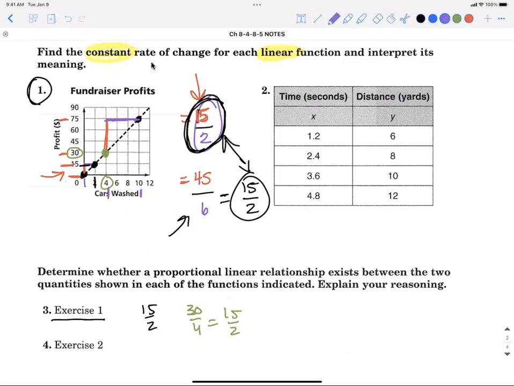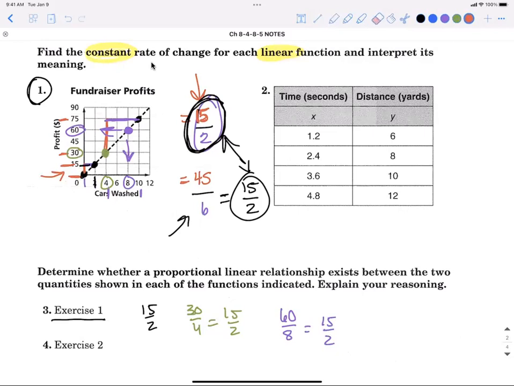And then if I pick this point right here, that's the point 60/8, because I'm taking my y value over my x value. So 60/8, which reduces to 15/2. So you can see what's happening.